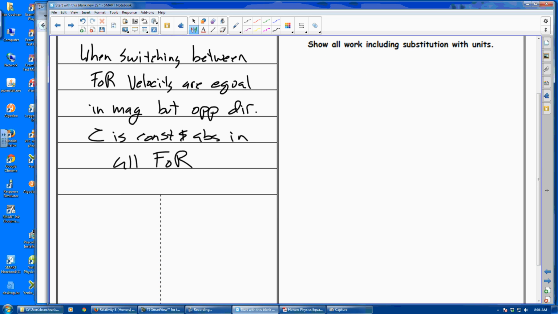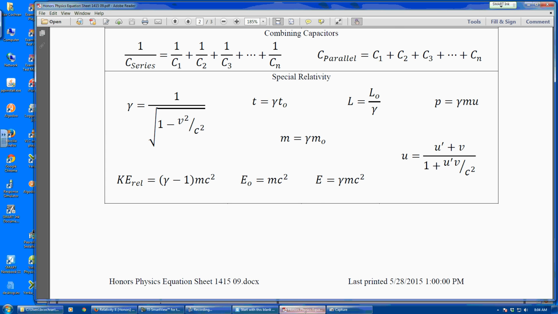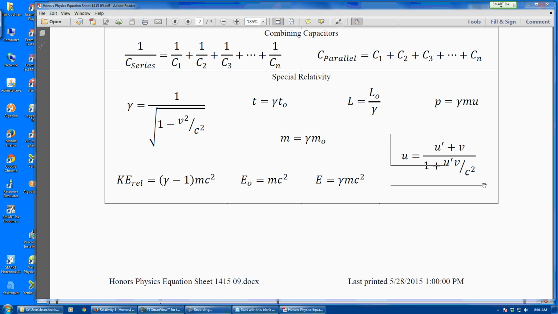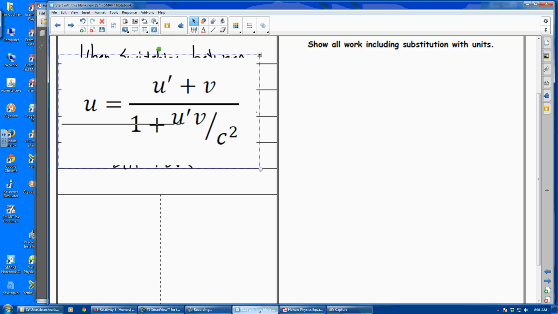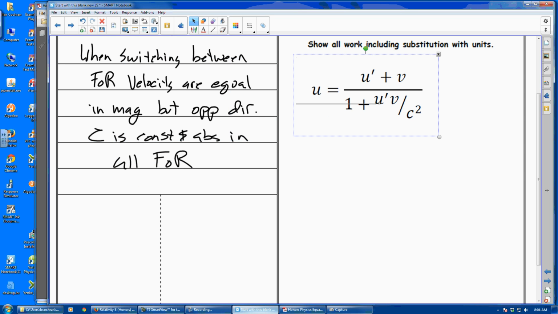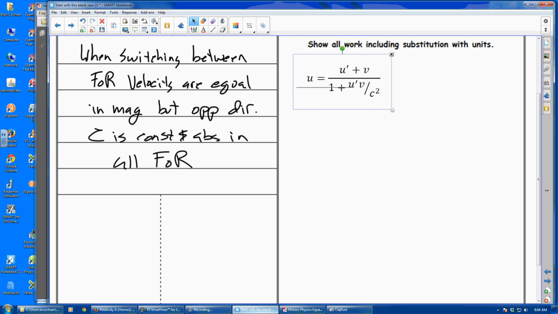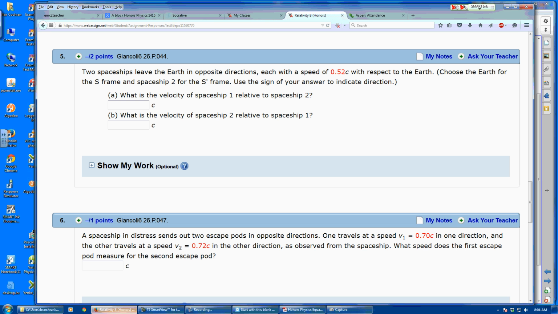All right, that's probably sufficient for the why. Let's grab our equation again. Again, we're going to take non-prime as Earth, and we will take prime, let's see, velocity of ship 1 relative to ship 2.